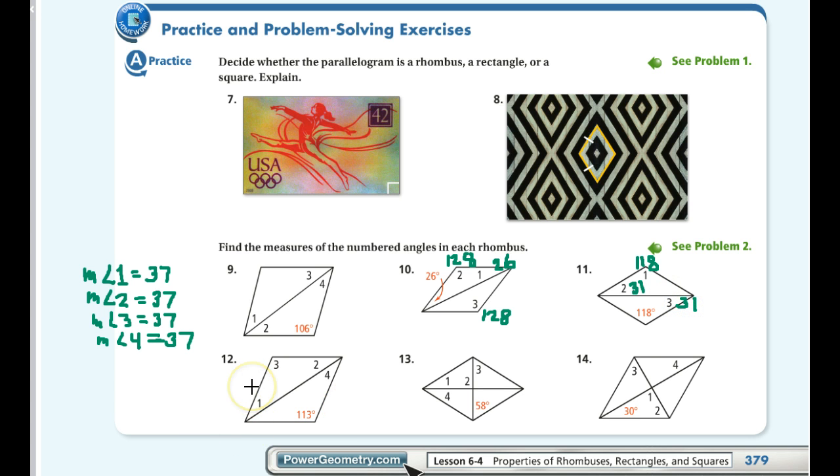For number 12, the measures of angles 1 and 2 are 33.5, angle 3 is 113, and angle 4 is 33.5.